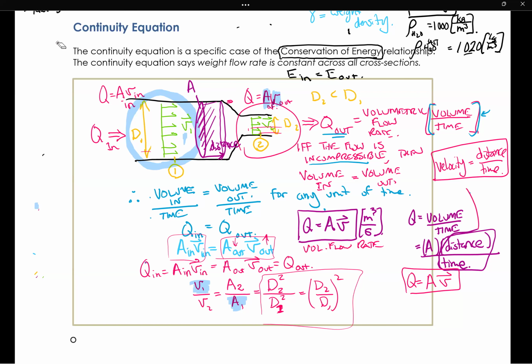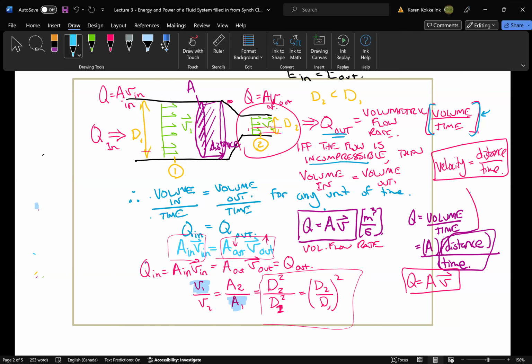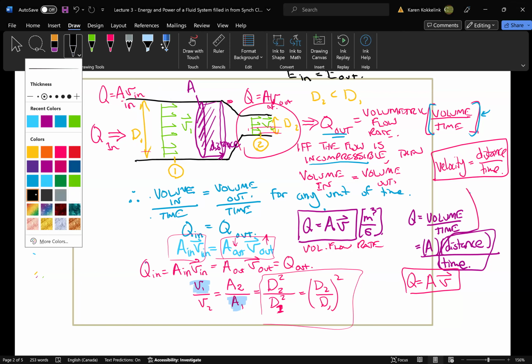And that's what's really important to remember in conservation of energy in fluid dynamics: flow rate is always conserved. Therefore, when there is a change in shape, the velocity accounts for getting all of that flow throughout.